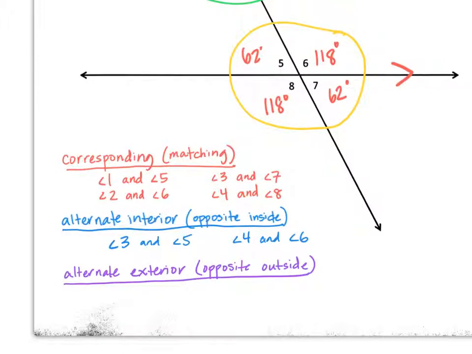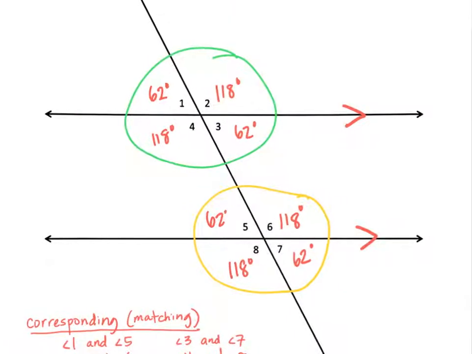The ones that are outside are angle 1, angle 2, and then at the very bottom, angle 7 and angle 8. Same thing with alternate, we're going to the opposite side. So angle 1, if I go to the opposite side, would be angle 7. Angle 2 going opposite would be angle 8. Notice those are equal: angle 2 and angle 8 are equal in measure, and angle 1 and angle 7 are equal in measure.